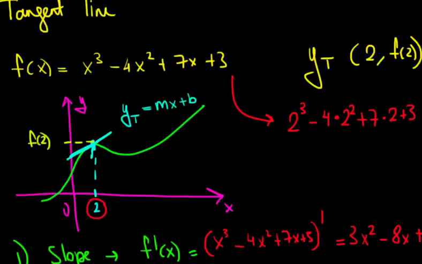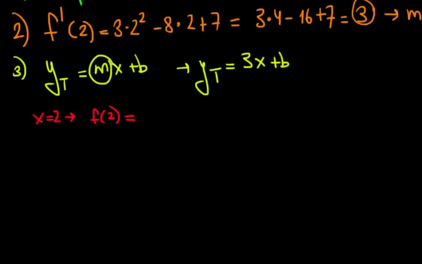That's 8 minus 4 times 4, 16, plus 14 plus 3. 8 minus 16 is minus 8, plus 14 is 6, plus 3 is 9. So we know that when x equals 2, the resulting y value equals 9.